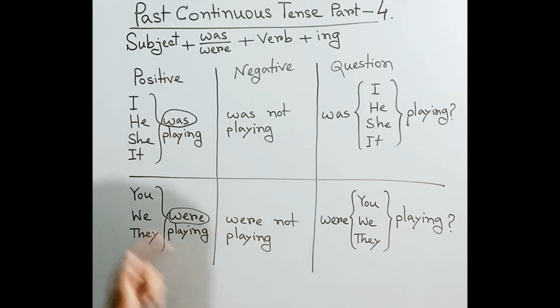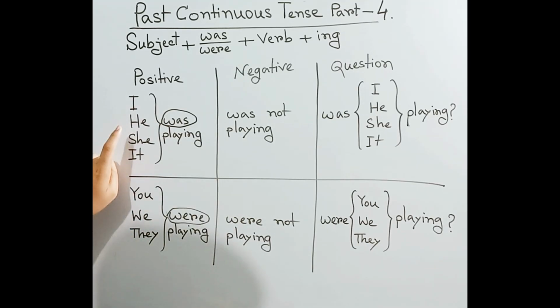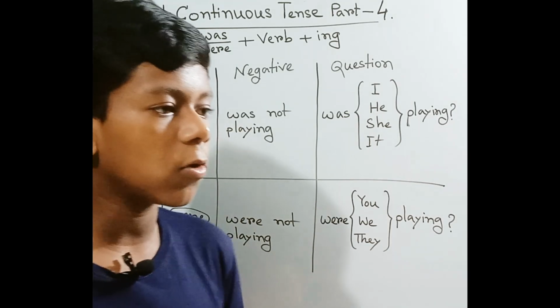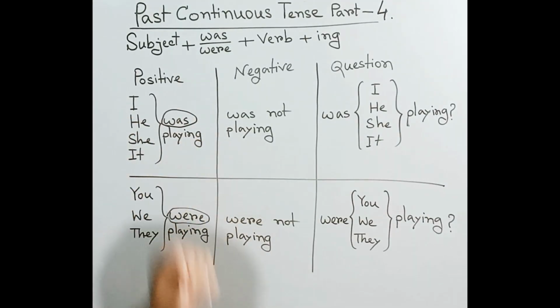So repeat with me: you were playing, we were playing, they were playing. Then let's repeat it together: I was playing, he was playing, she was playing, it was playing, you were playing, we were playing, they were playing. Now we have already cleared the positive, then we will practice the negative.